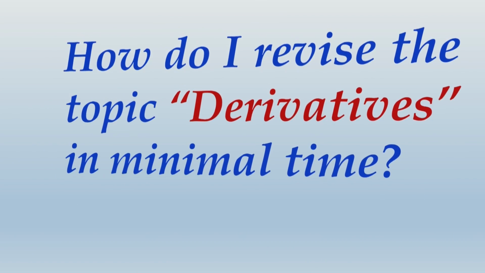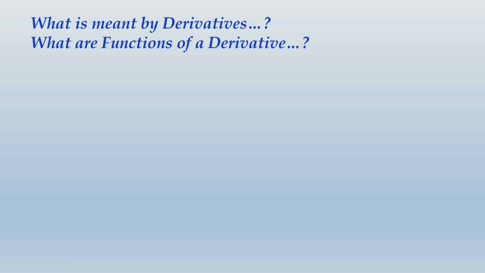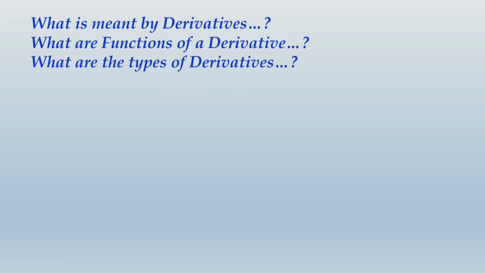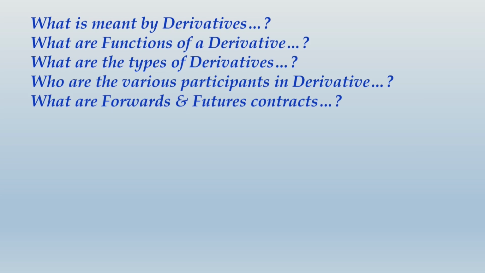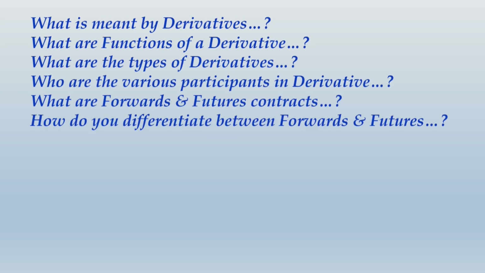So please refer to this checklist, which begins with the first question: what is meant by derivatives? What are functions of a derivative? What are the types of derivatives? Who are the various participants in derivatives? What are forwards and futures contracts?